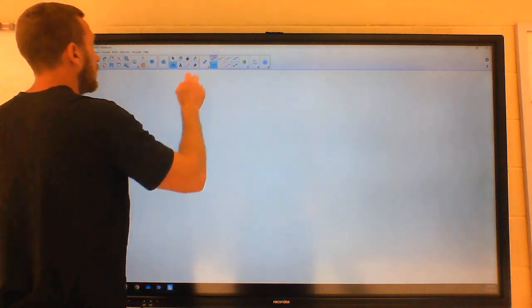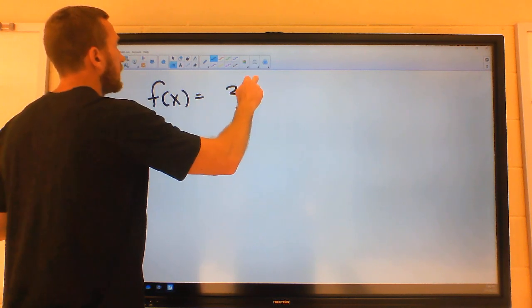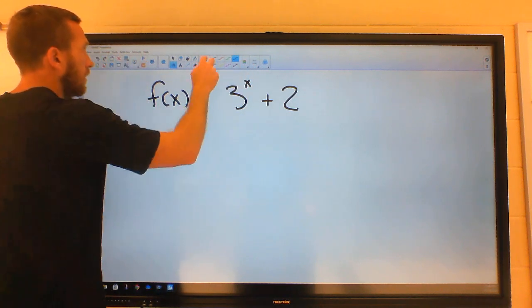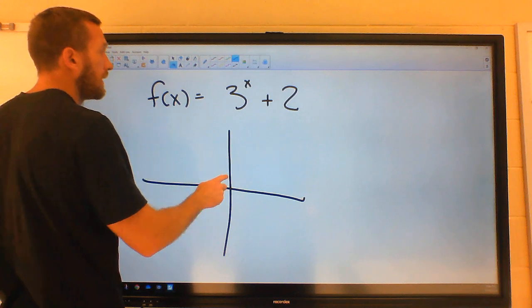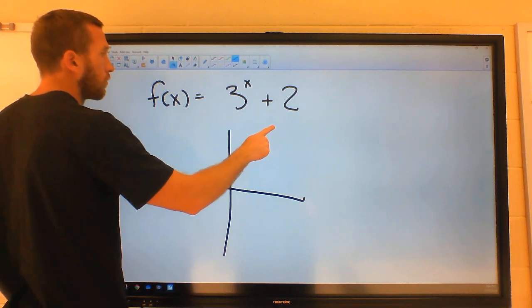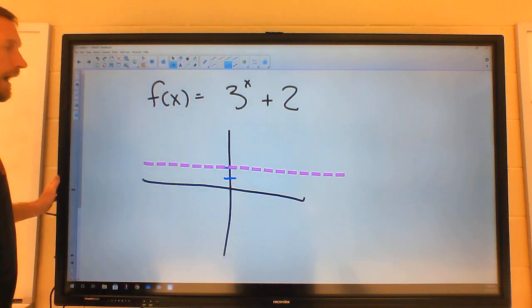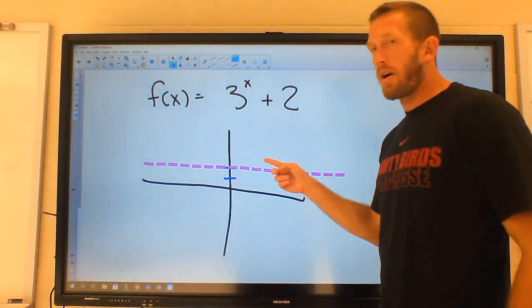So if my function is 3 to the x plus 2, the first thing we would graph would be the height of our asymptote, which we're identifying as plus 2. So that would be our asymptote. That's the picture of our asymptote.